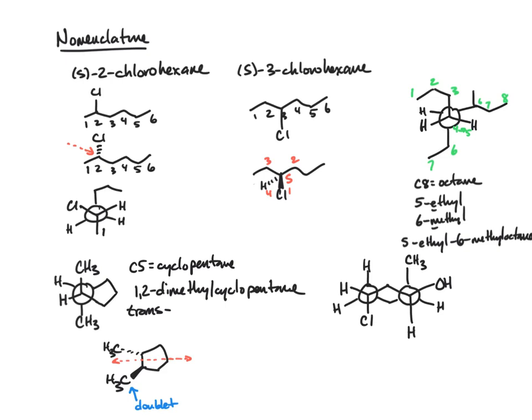Each Newman has 2 carbons, right? Then each Newman is connected by a carbon, so that's 2 more. So what size ring is it? It's 6. Isn't that what you said?